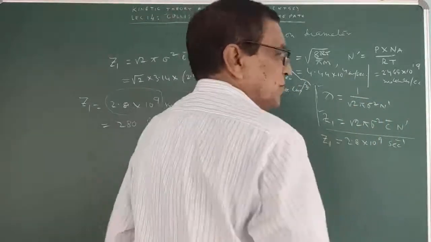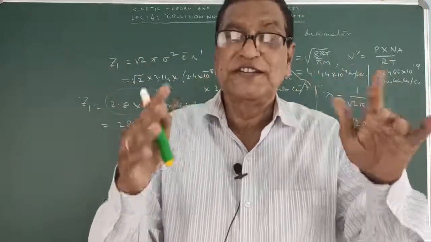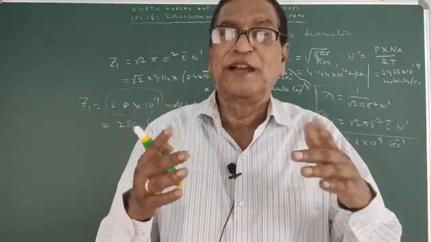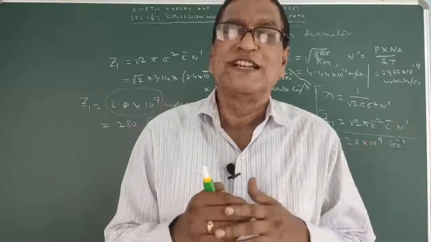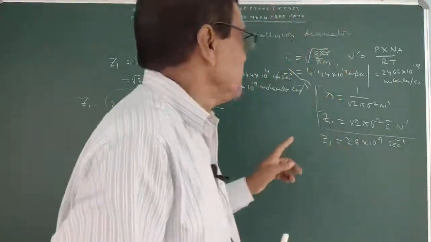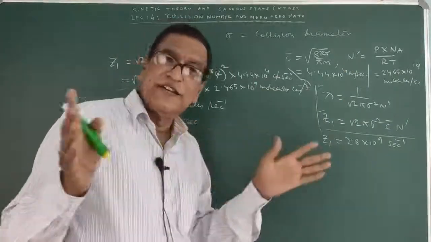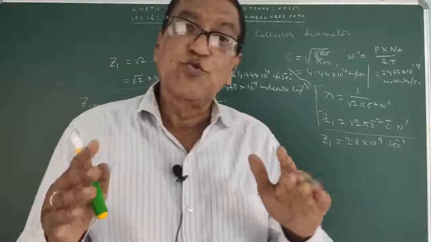Or you can say 280 crore collisions are being made by a single molecule of oxygen in 1 second at this temperature and pressure. Temperature is 25 degrees centigrade and pressure is 1 atmosphere.